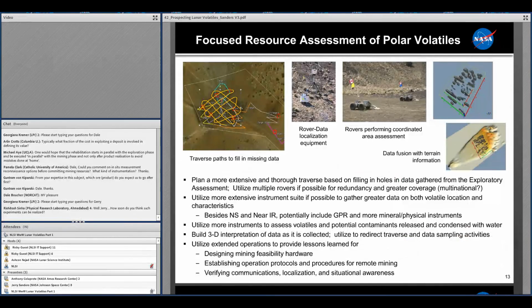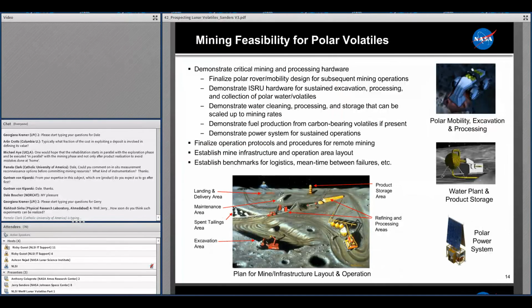That would lead to a much more focused assessment of that same location, building 3-dimensional data sets of the ore body and volatiles, and eventually getting to your mining feasibility, where you start to lay out what your mining community would be like. And with that, I'll come to an end.